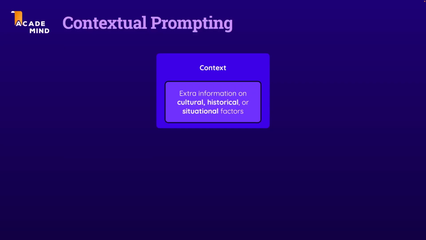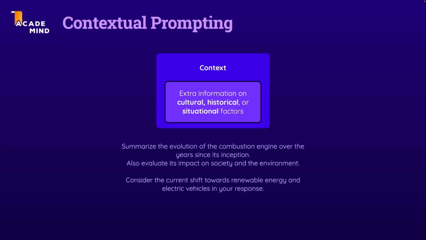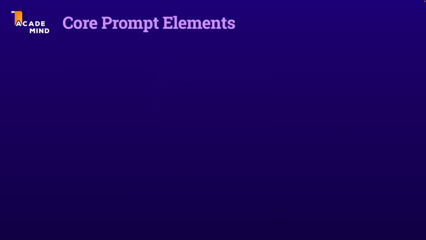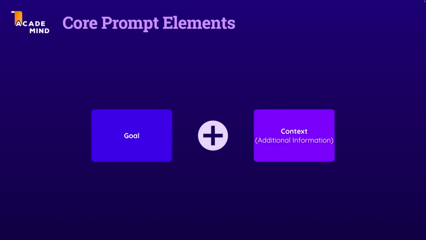So therefore, in the end, contextual prompting is, of course, still only about adding extra information, about setting the context of the prompt. And it therefore, in the end, still comes down to these two core elements where you have a goal and you then do add this extra context, this extra additional information.